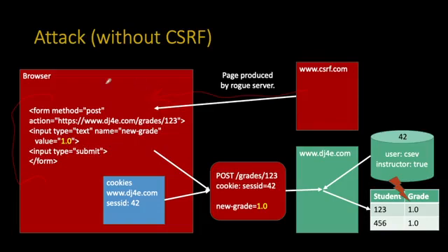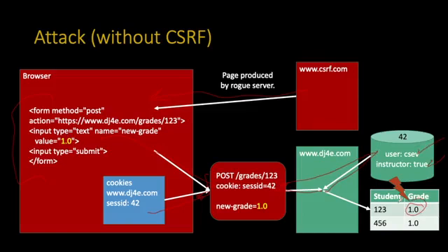What happens is this submit comes in, and the browser dutifully appends the cookie to it and sends it. Now, you had to be tricked into getting to this page and sometimes tricked into submitting the page. But once the post comes in, it has the legit cookie in it. The cookie is used to look up the session and reassociate it, and we can check in the session that the user is indeed logged in, and we'll let it set the grade to 1.0.